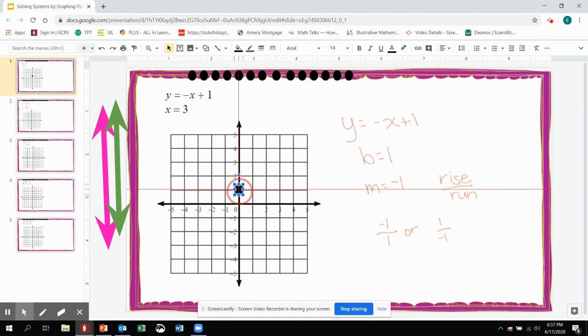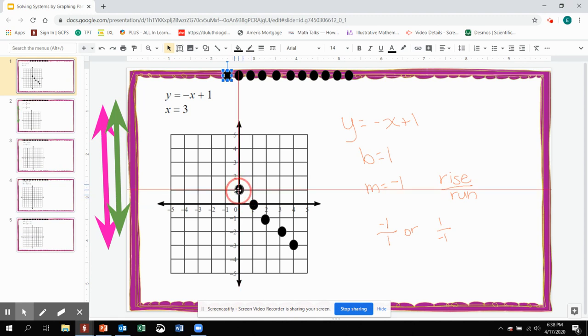A negative 1 for rise means I would move down 1, and a positive 1 for run means I would move right 1. So I can continue that, down 1, right 1, down 1, right 1, until I have a lot of points.